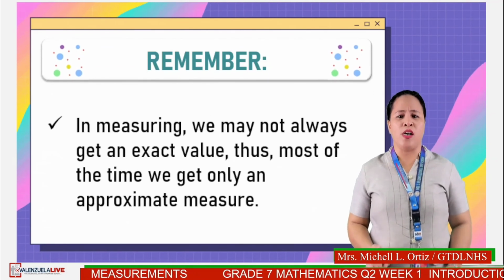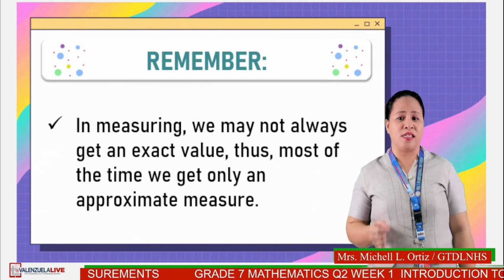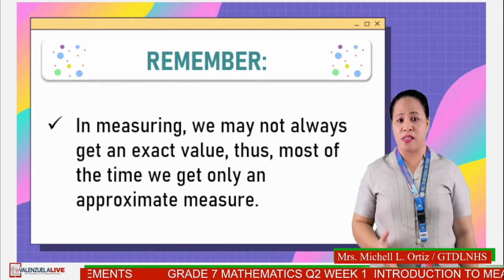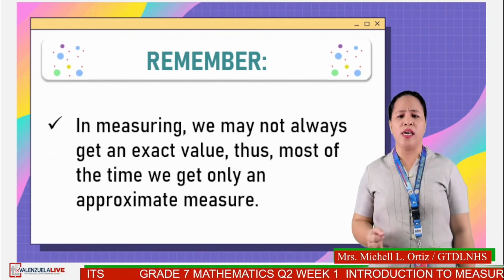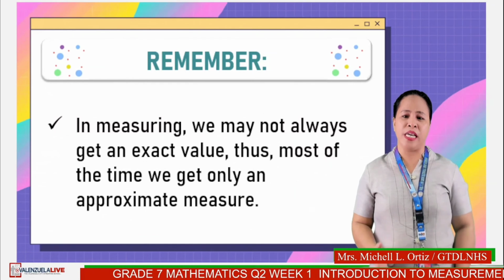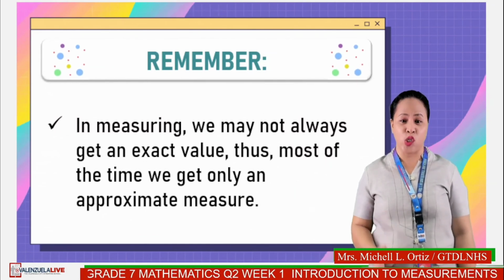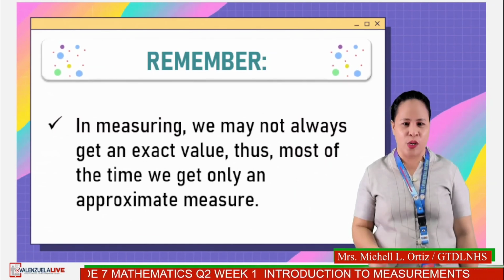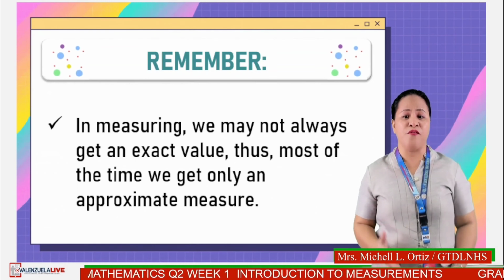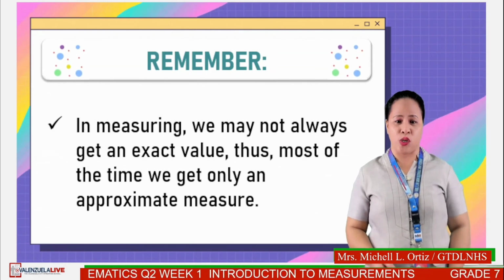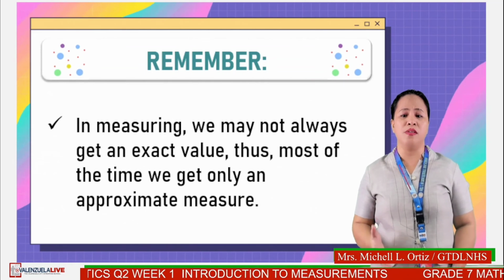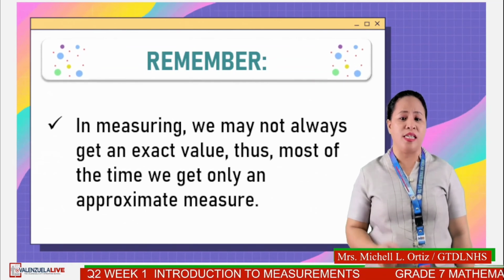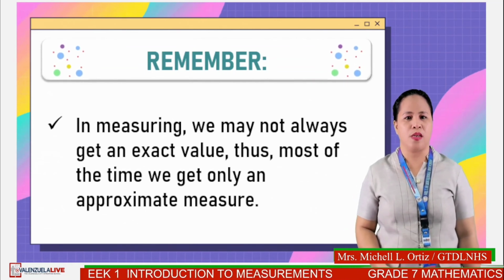In measuring, we may not always get an exact value. Thus, most of the time, we get only an approximate measure, meaning fairly close to the actual measure, but not that accurate. Through the help of different instruments in measuring, we can give almost close, if not really the exact measure.